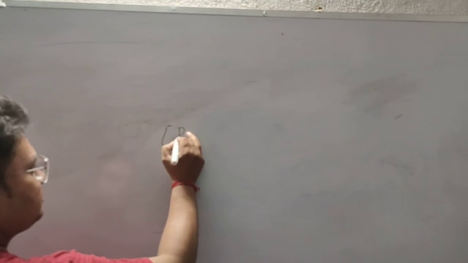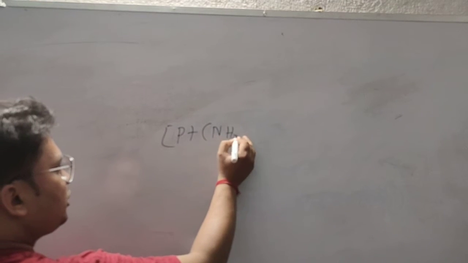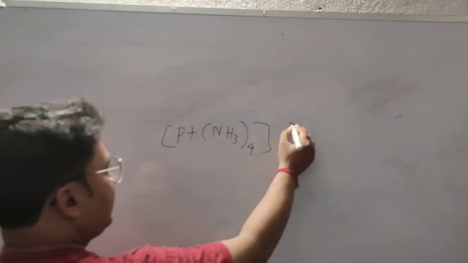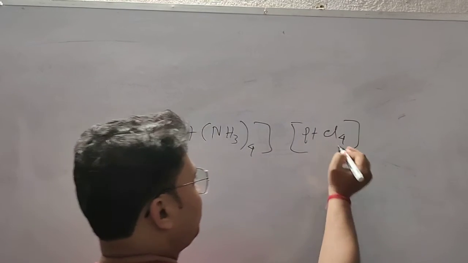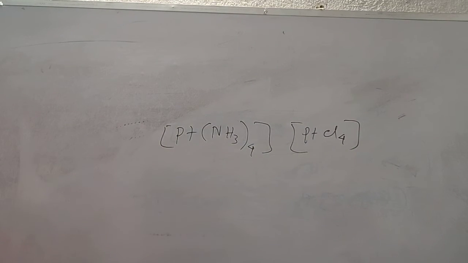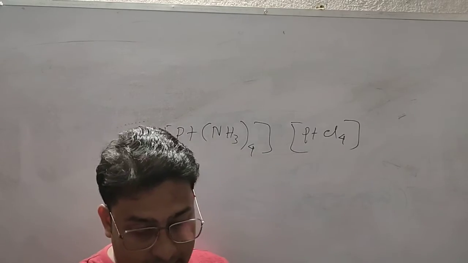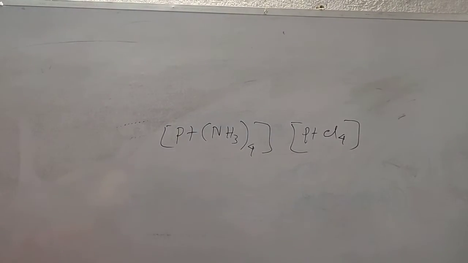Suppose we have such an example: platinum Pt, then NH3 4, and on the other side platinum Cl4. This is the coordination sphere. Here you can see one positive sphere and another negative sphere.